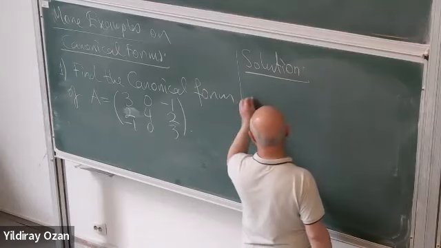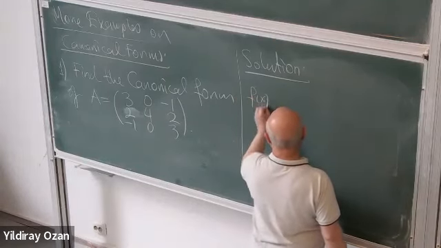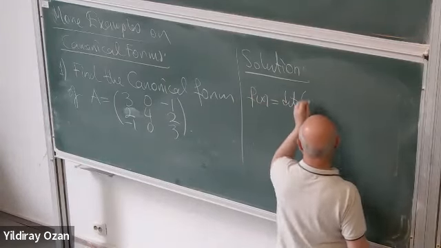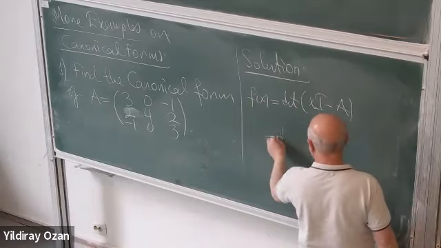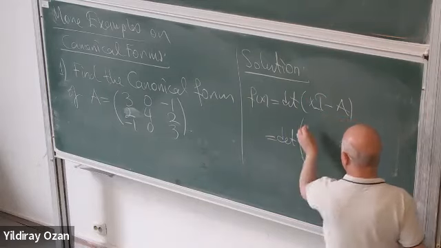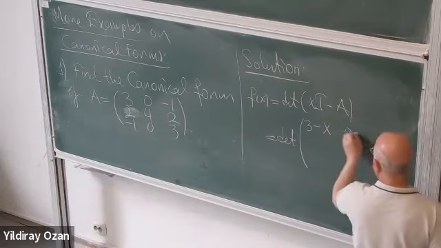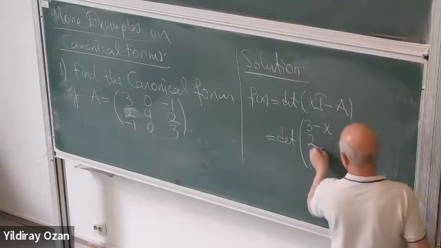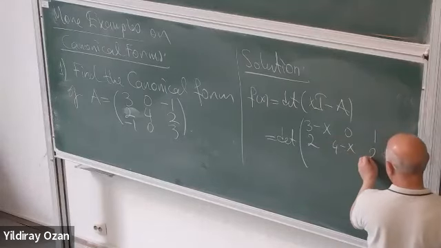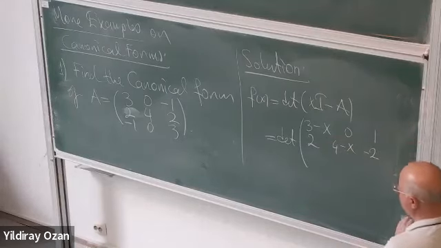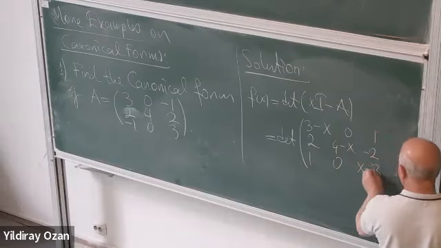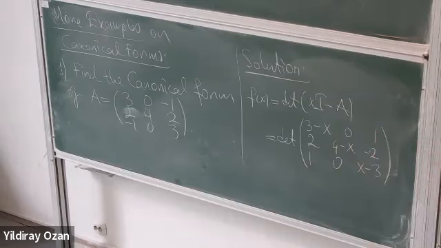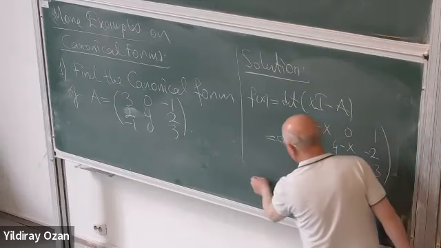So what is the characteristic polynomial? It is the determinant of x times identity minus A. So it is just the determinant of 3 minus x, 0, 1, 2, 4 minus x, minus 2, 1, 0, minus 3 minus x, right? And then we can write it as follows.